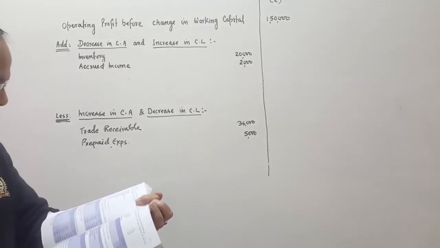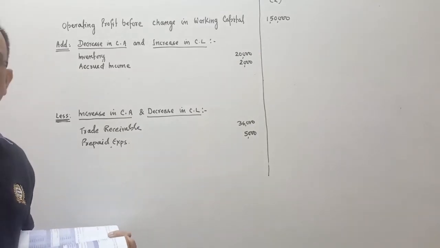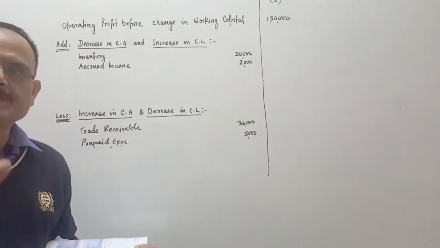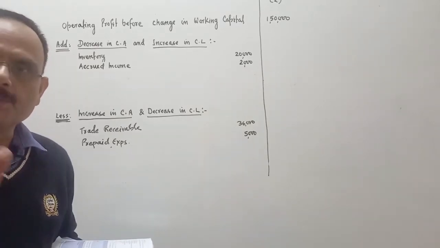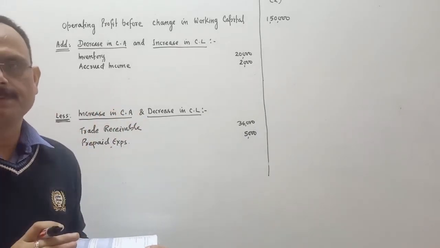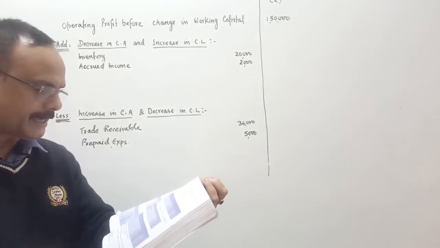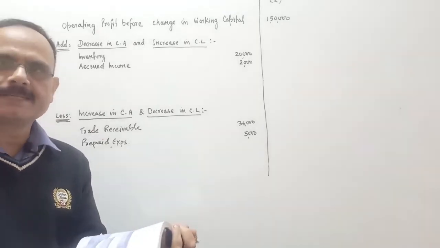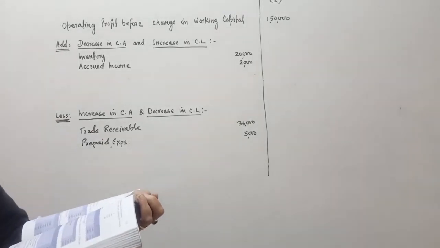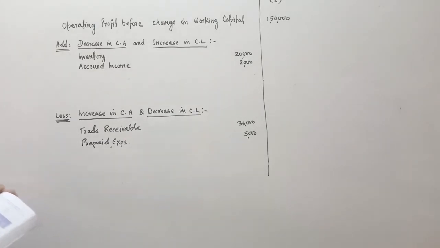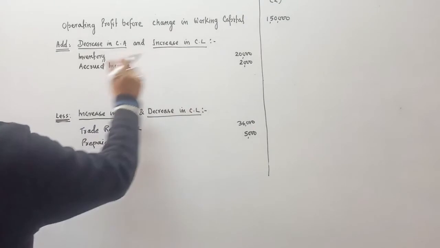Next is trade payable. Trade payables is a current liability. Under trade payables, bills payable and sundry creditors both come. So last year trade payable was 1 lakh, and this year in 2018 it is 1,40,000. So trade payable is increased. An increase in current liability, we will add it.